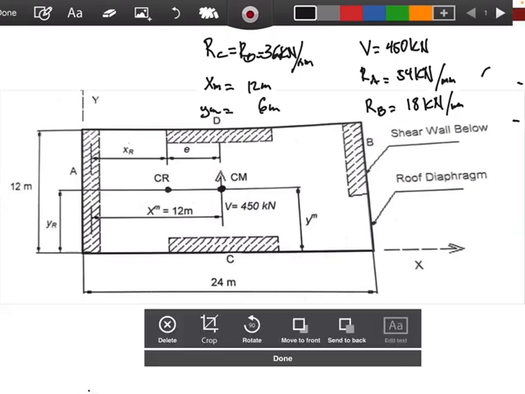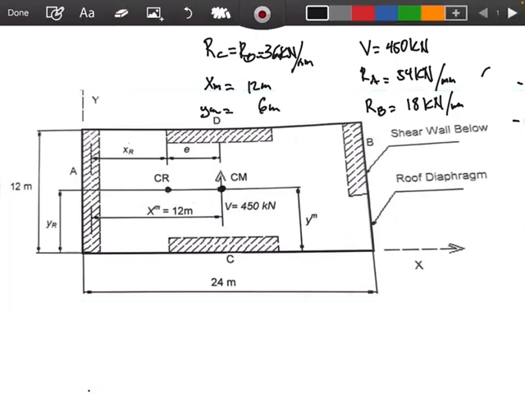Because here, this is the center of our mass. This one. That is the center of our mass. It is there because we assumed that the roof is uniformly distributed and we neglect the weight of the wall, but in reality we should not neglect that one.